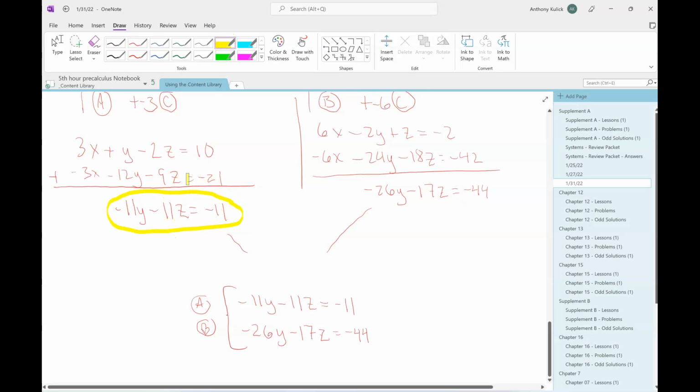Look at the coefficients in this equation. Did you notice something about them? They're all multiples of 11, right? So what if I just divide both sides of this equation by negative 11?